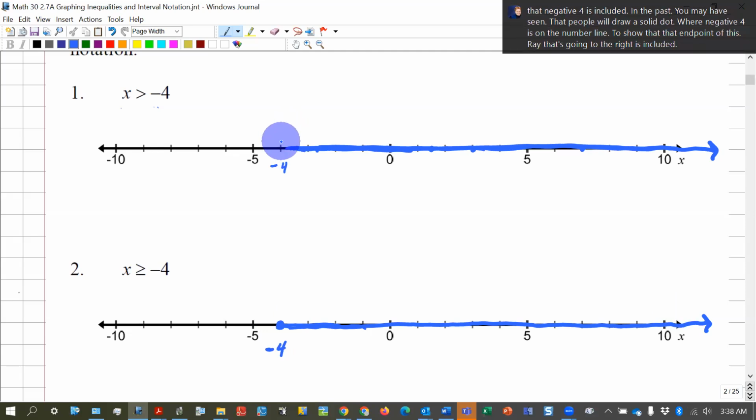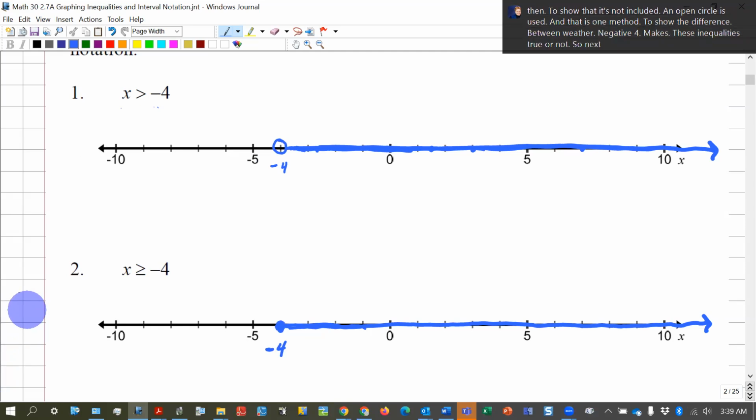And then to show that it's not included, an open circle is used. And that is one method to show the difference between whether negative 4 makes these inequalities true or not.